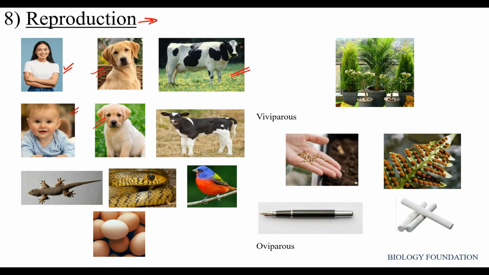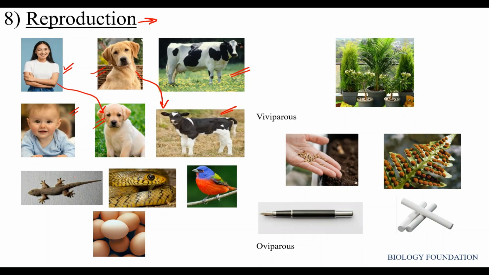A cow produces calves. All these are of their own kind. We have never seen a human being giving birth to a puppy, or a dog giving birth to a calf. When I say reproduction, it is a process where younger ones of their own kind are produced. So living organisms show this process of reproduction.